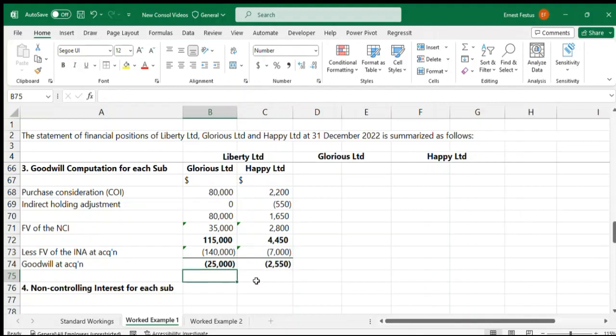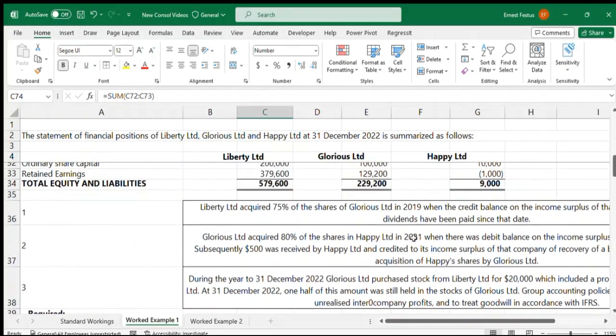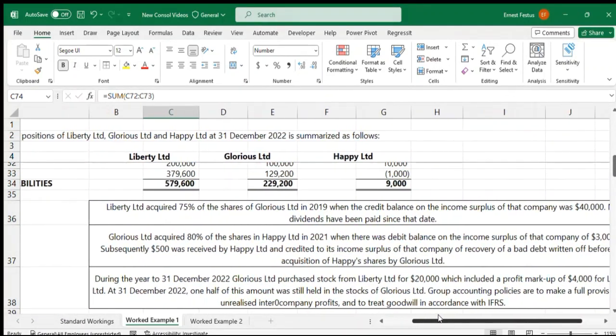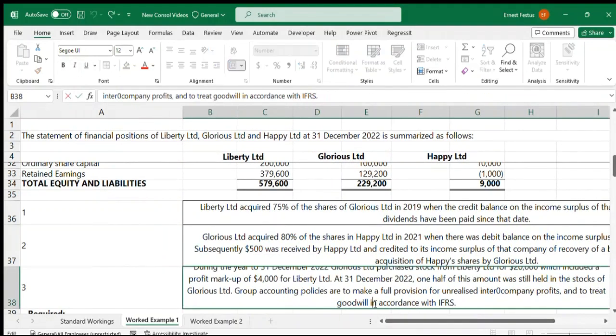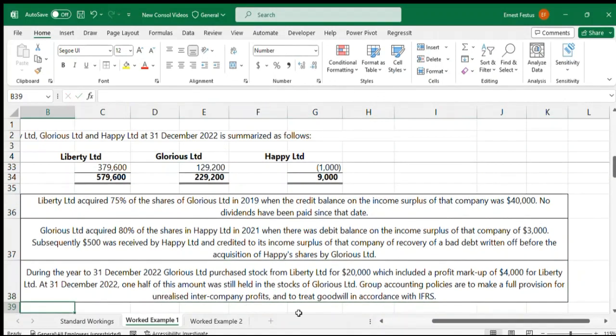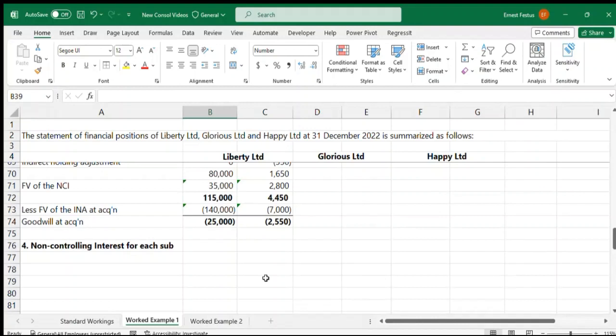So this is our goodwill at acquisition, and there is no impairment of the goodwill. The goodwill has not been impaired, and so we leave it at that. If it has been impaired, we would have lessed the impairment from these figures.